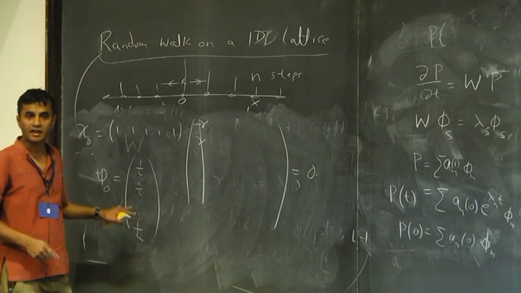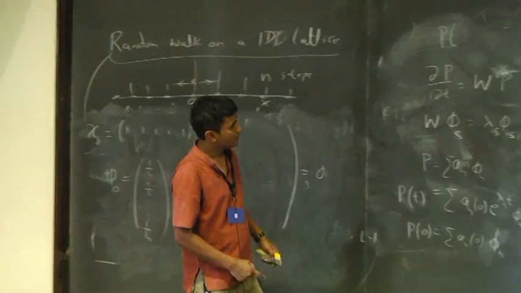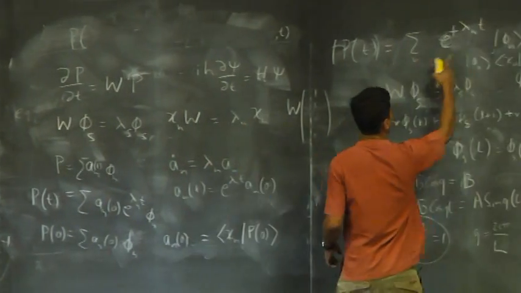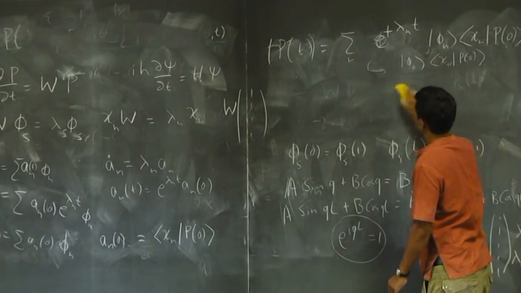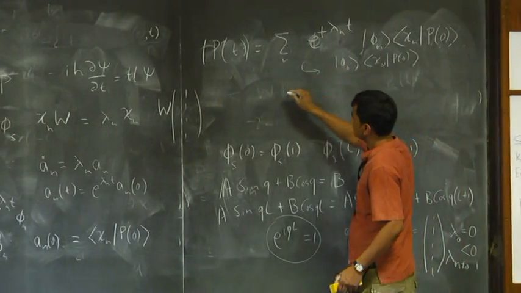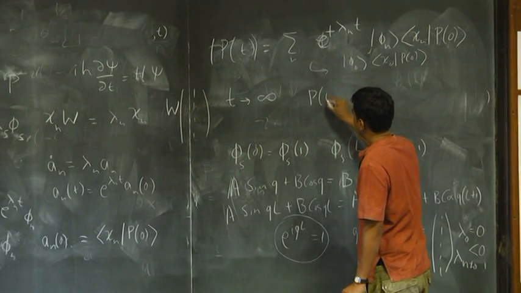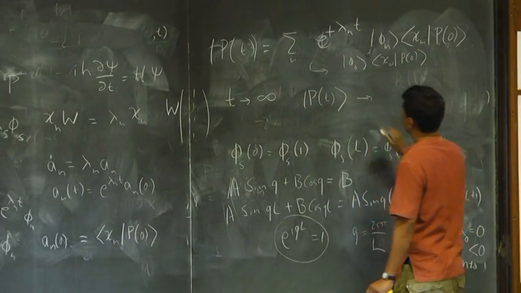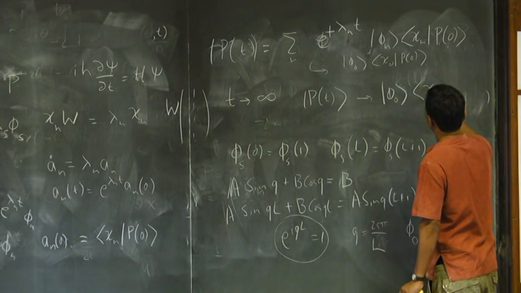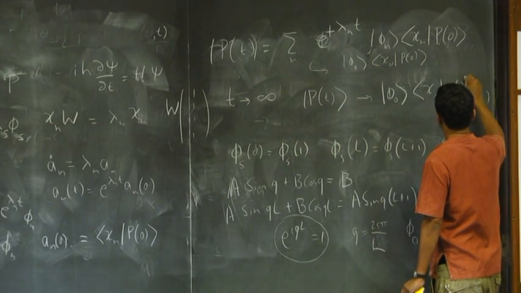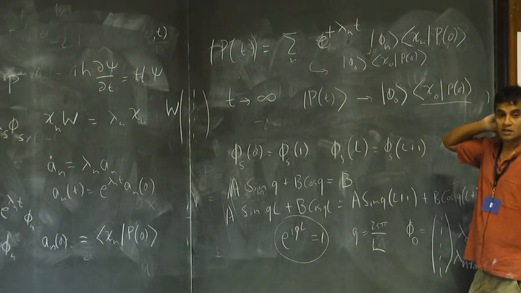These are the left and right eigenvectors corresponding to this 0 eigenvalue, and then if you look at what happens at long times, t going to infinity, you get p of t goes to this object, phi 0. Okay, and now what is this?